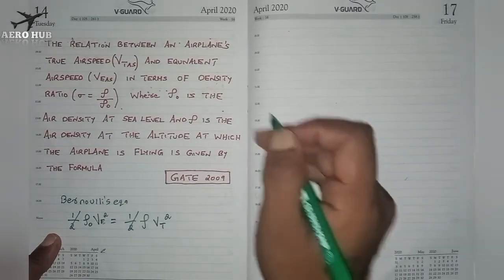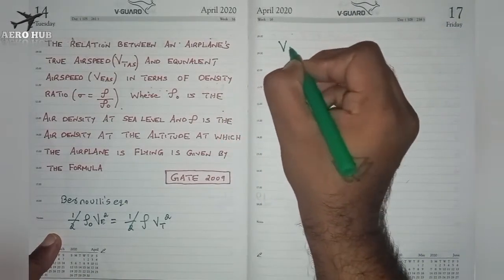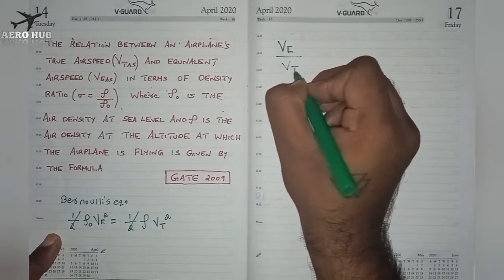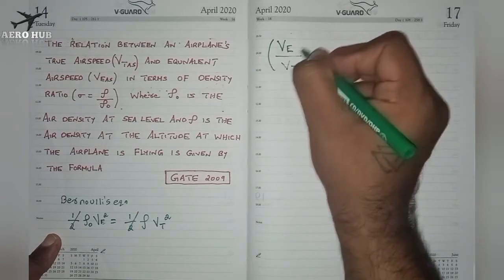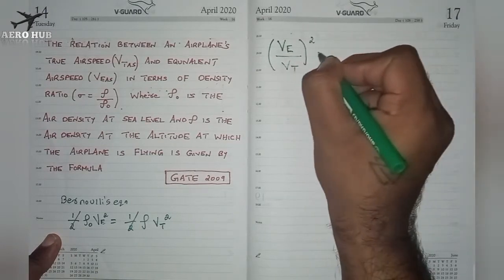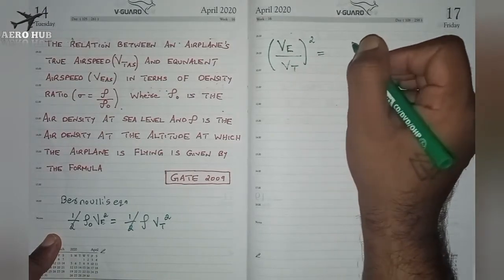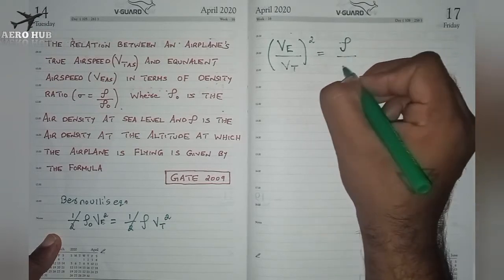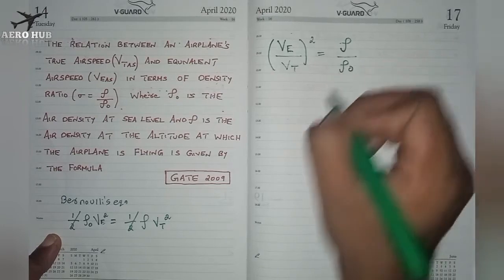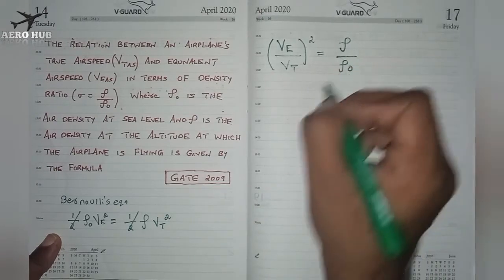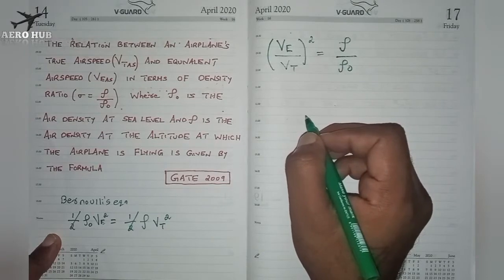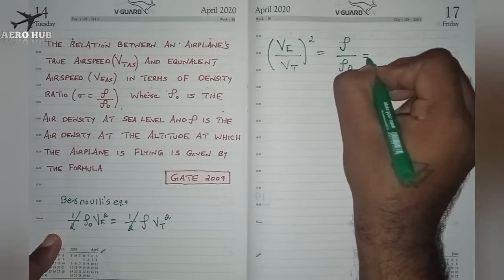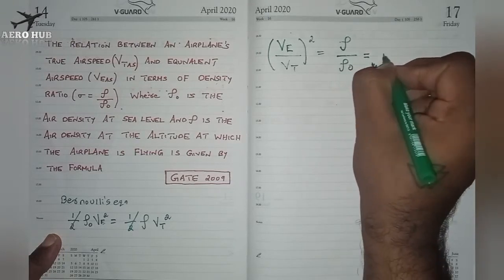So I can get finally, VE, that is V equivalent speed, by Vt the whole square is equal to rho by rho naught. And this rho by rho naught, the root of rho by rho naught, is sigma.